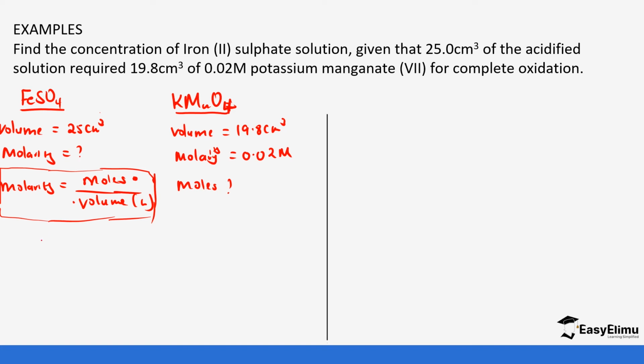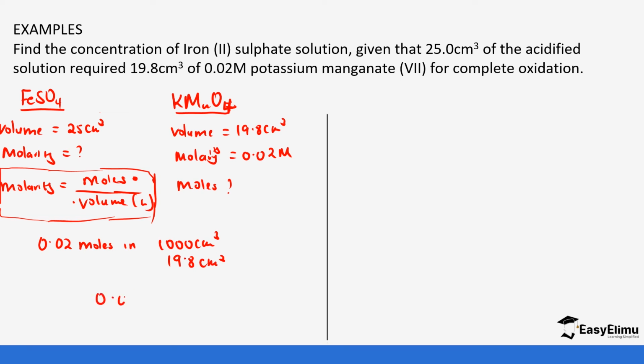So we will say if 0.02 molarity in the first principle means 0.02 moles, which are in 1,000 centimeters cubed or 1 liter. So what about 19.8 centimeters cubed? We cross multiply.